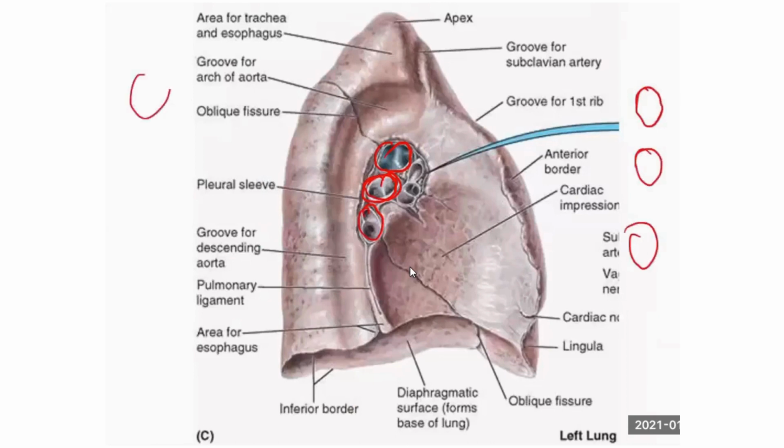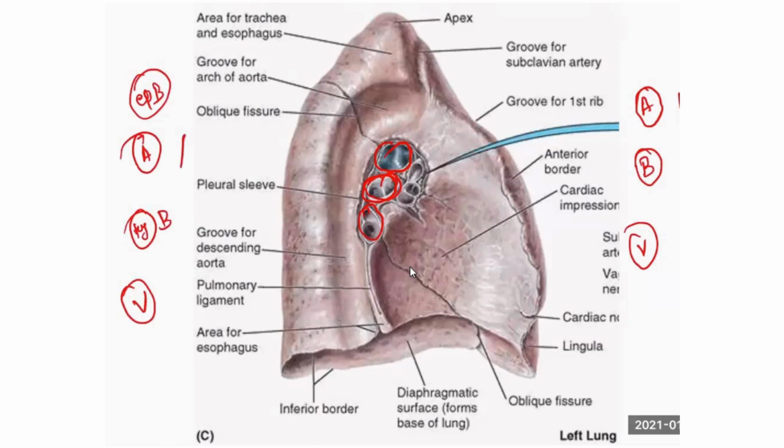If you take the right lung, eparterial: what is this? Pulmonary artery. This is the bronchus. This is the pulmonary vein. Here four structures are present: eparterial bronchus, pulmonary artery, hyparterial bronchus, pulmonary vein. Can you see the difference?